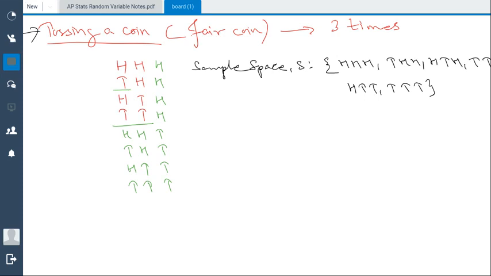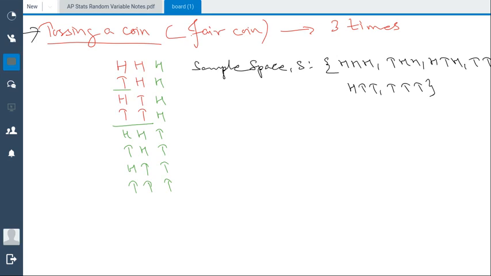Now we will define a variable. What is that variable? I am interested in defining a variable. Let X represent the number of heads obtained. X represents the number of what?